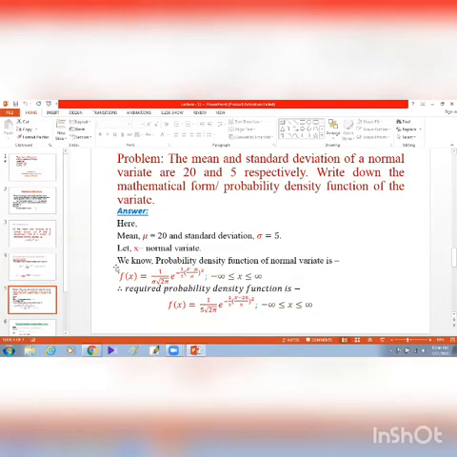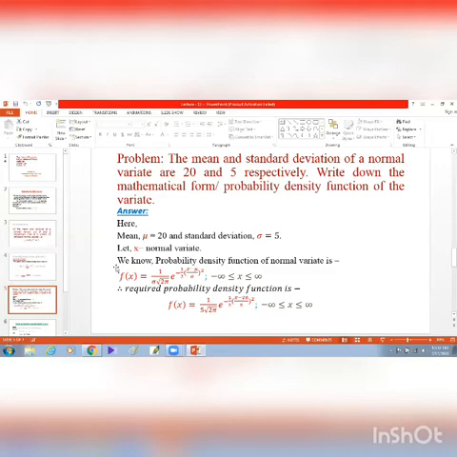Now there is a problem. The mean and standard deviation of a normal variate are 20 and 5 respectively. Write down the mathematical form or probability density function of the variate. The mean of a normal variate is denoted by mu and standard deviation is denoted by sigma.